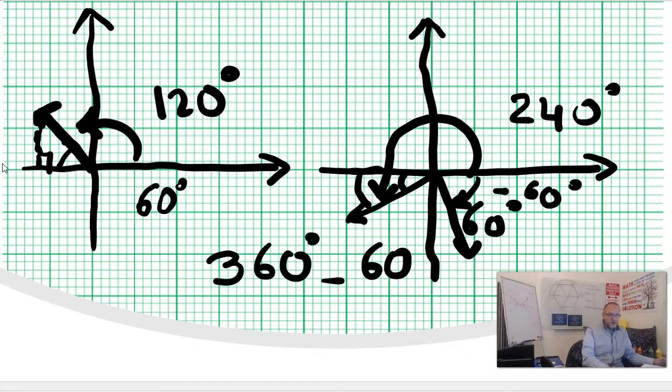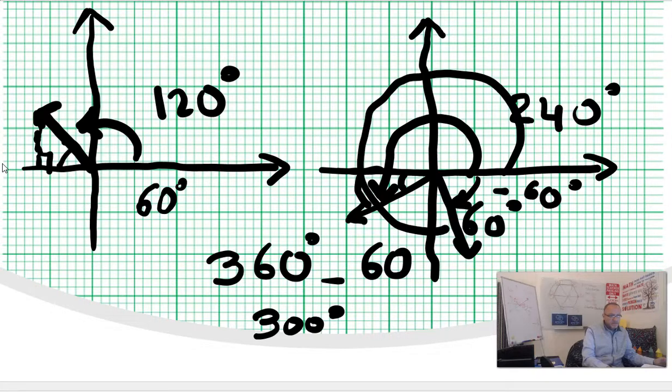So it's 360 degrees minus this 60, you get to 300 degrees. So this is your angle, because your angle now is on this side. From here to here, your starting angle is 300, okay?